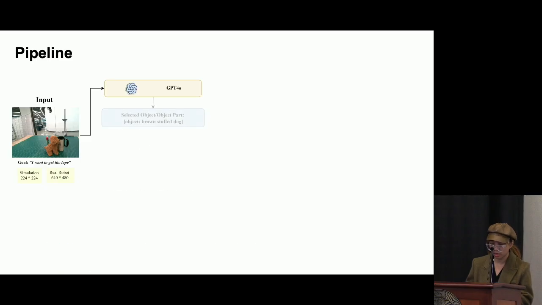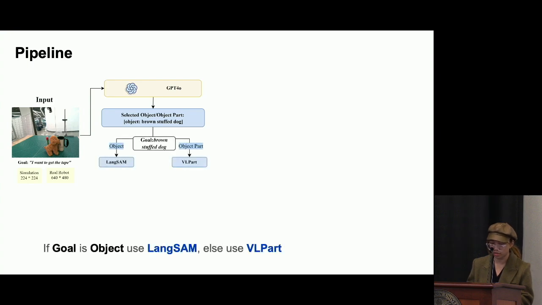After that, we design some fallback handling. For now, we want to grasp the brown stuffed dog. We use LangSAM as one of our segmentation methods, and also the VL part. LangSAM can handle the low quality image, and the VL part can handle the high quality image.